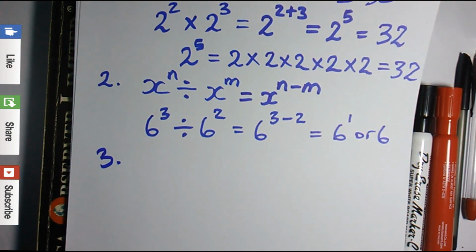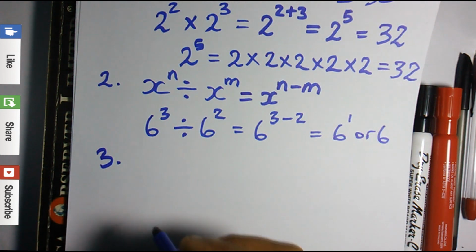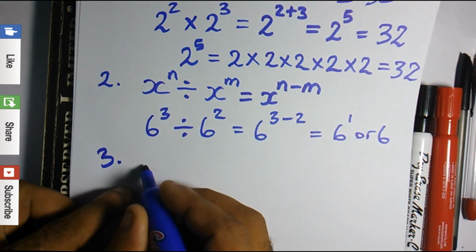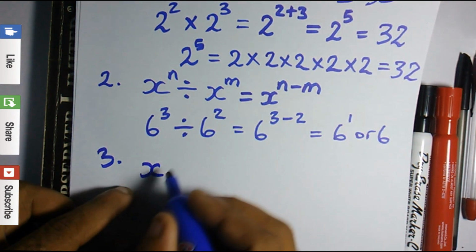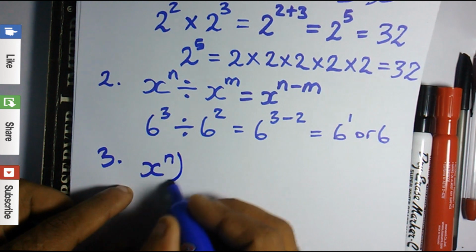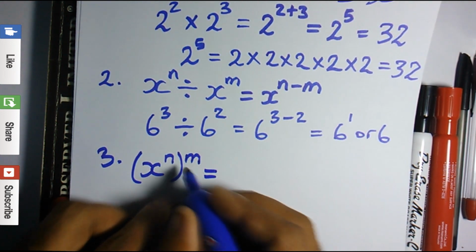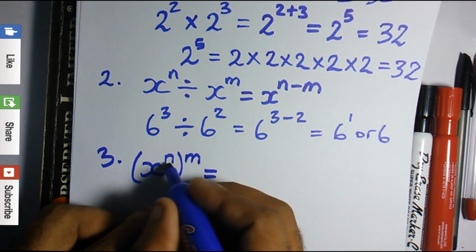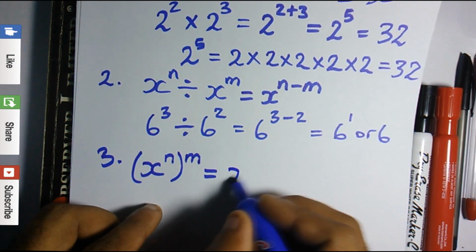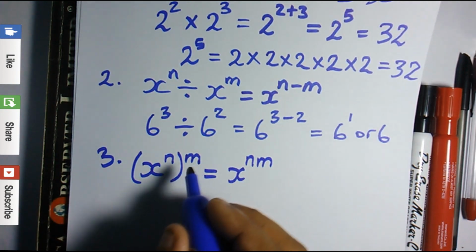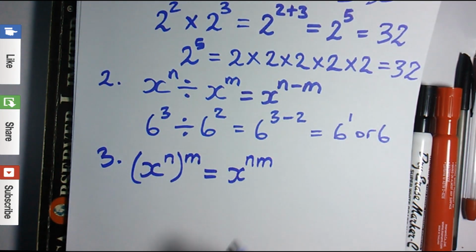Law 3 indicates that whenever we have a variable or a number, for example, I'm just going to use x, raised to a power and it's raised to another power, we multiply the exponents. So we would have x to the nm, because n times m is nm.